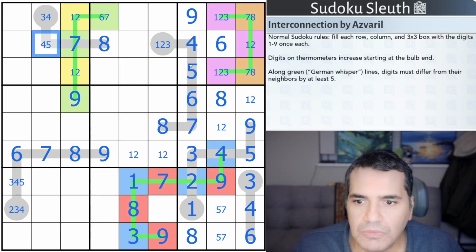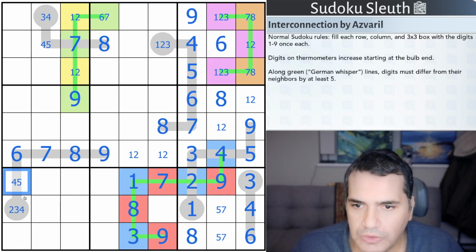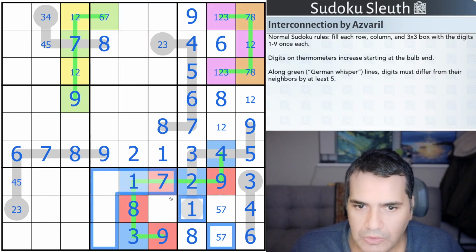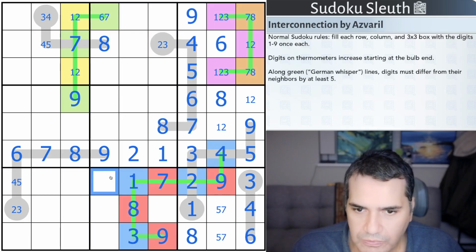Have I got more info anywhere? No. Not a 3. Not a 4. 1 gave me obviously 2 and 1, not a 1. What else have I got in this box? I mean, I've got 4, 5, 6, and a 2.